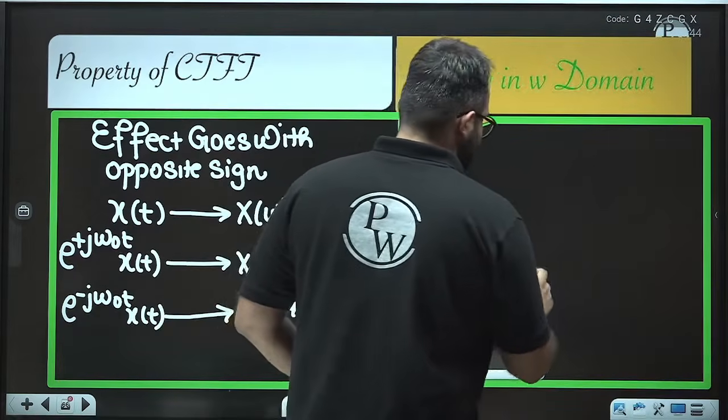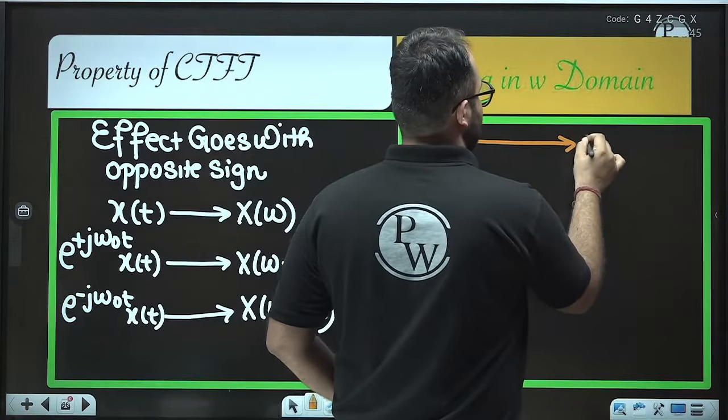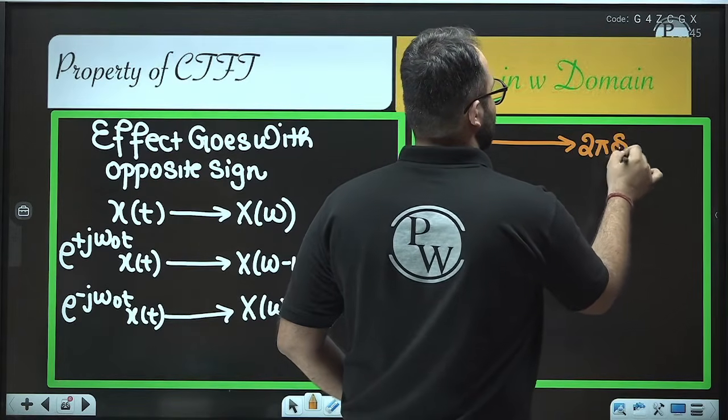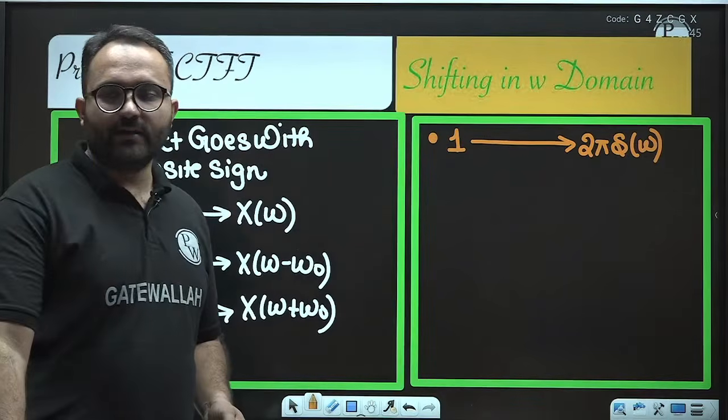The example says that we know that 1 has Fourier transform 2 pi del omega.